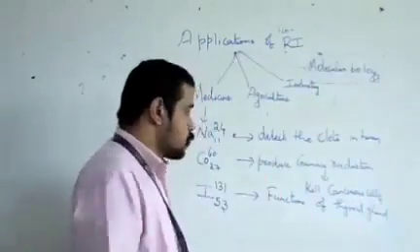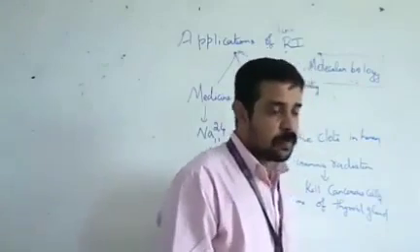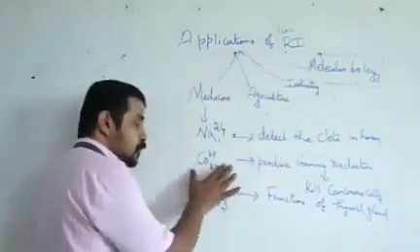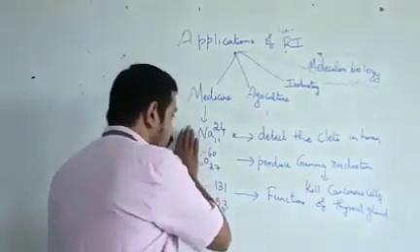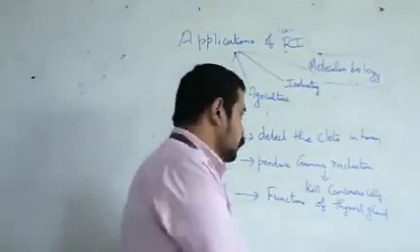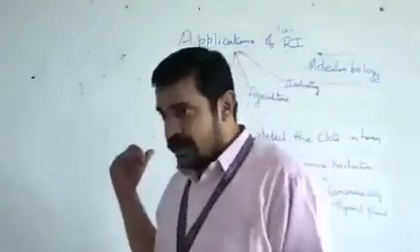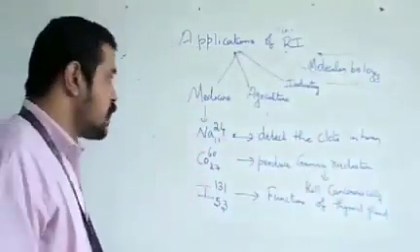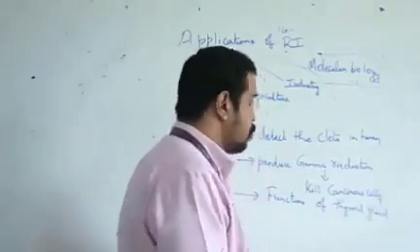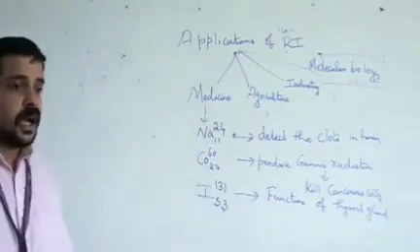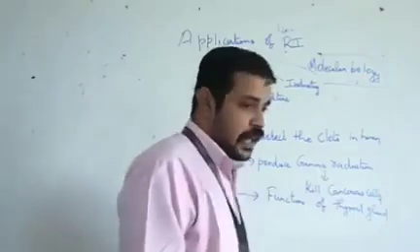So those cells are also killed with this particular kind of radioisotope. And even radioactive sodium is able to detect the clots in the human body, but sometimes it mixes with the blood components like WBC, and it causes a risk of blood cancer even.